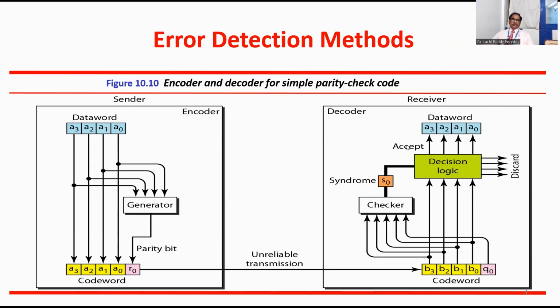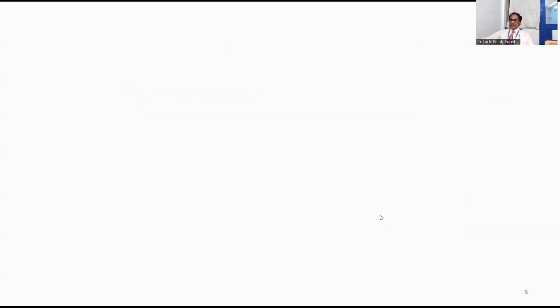So for that, we'll go to a blank page. Just remember, the generator means that by using the original message, the parity bit will be generated. The checker will verify the received information for errors. So in this case, suppose I want to send a message, say my A3, A2, A1, A0 is equal to, say, 1011, for example.